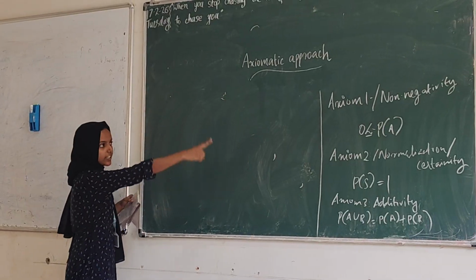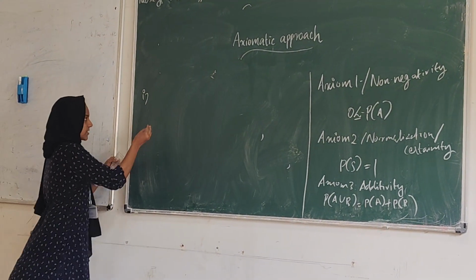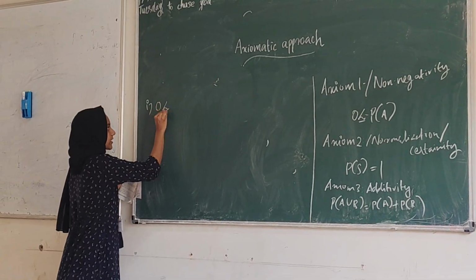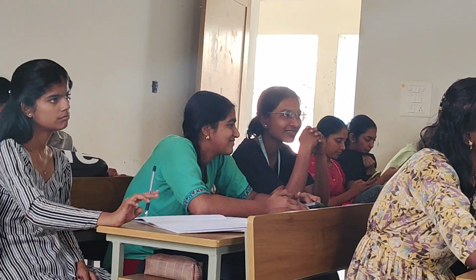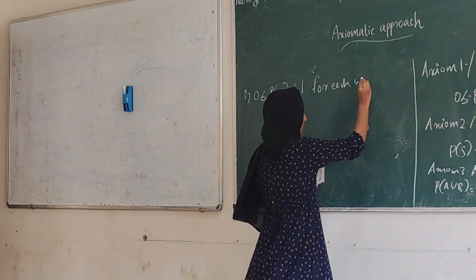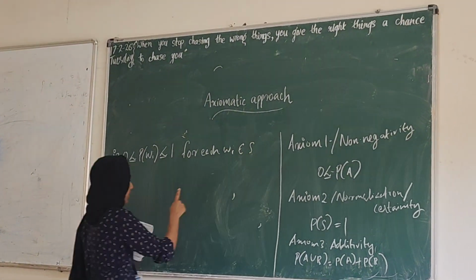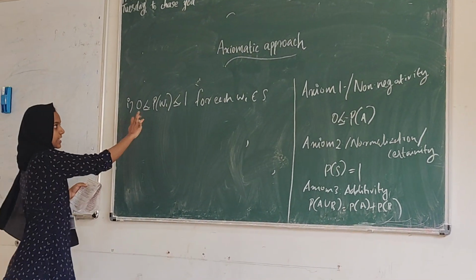Then we can write these three axioms like this: 0 is less than or equal to probability, less than or equal to 1, for each single possible outcome of a sample space.